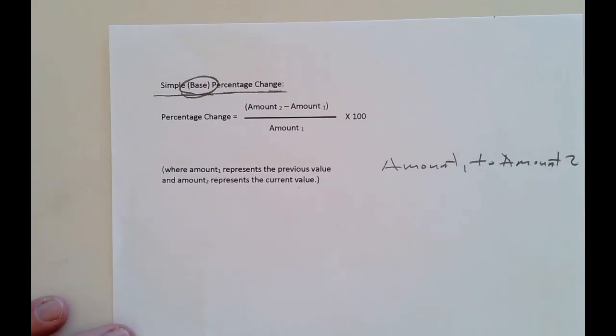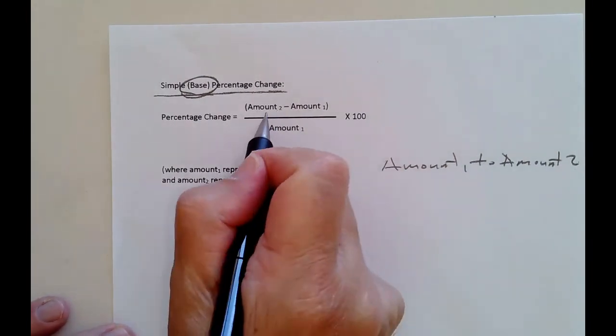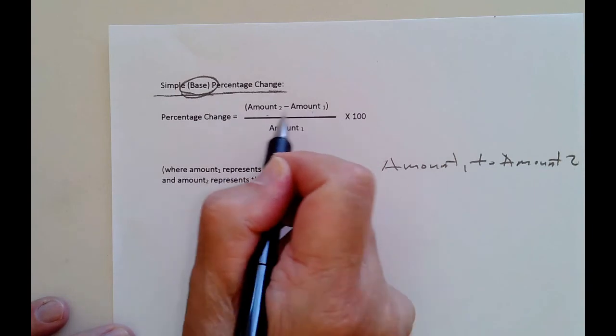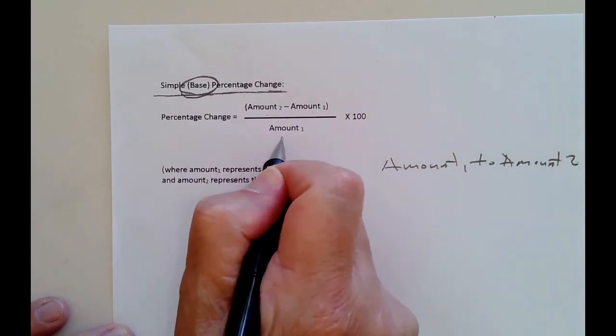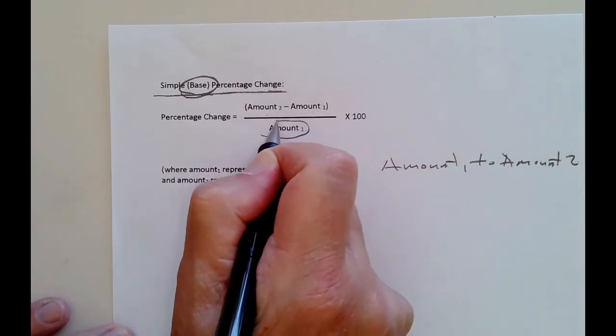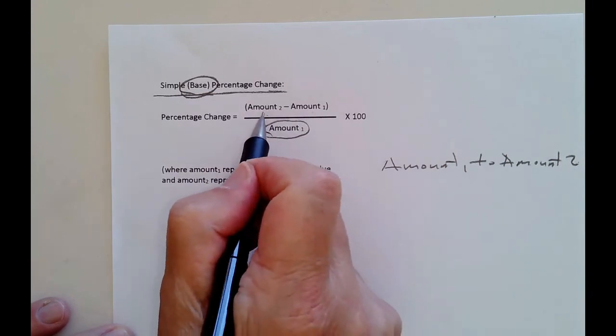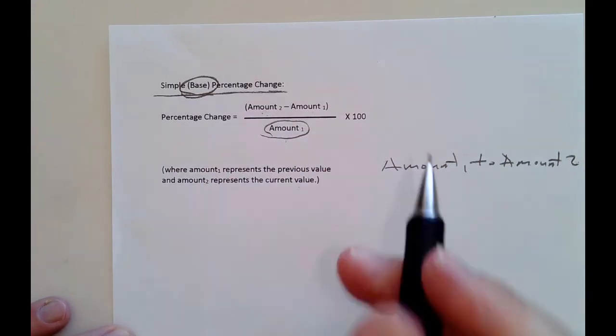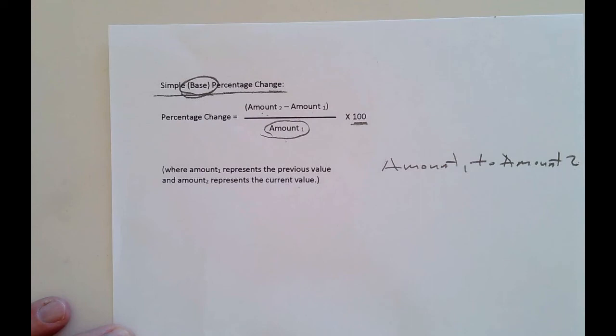And then you take amount 2, subtract amount 1 from it. That tells you the difference. You divide always by the starting amount 1, because we want to see where we are now compared to where we were. And then you times by 100 to change the decimal to a percentage number. And so, for example, let's say we're looking at your income.